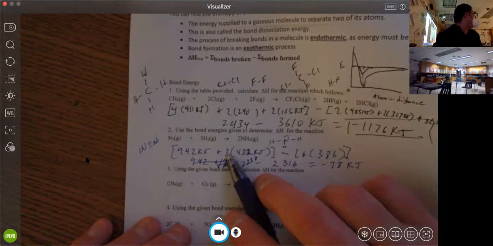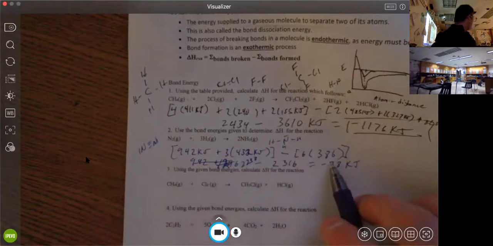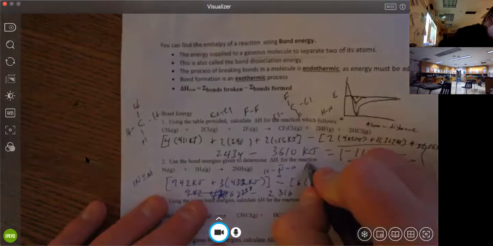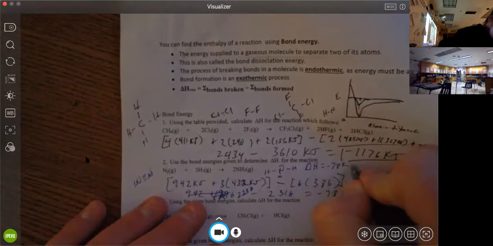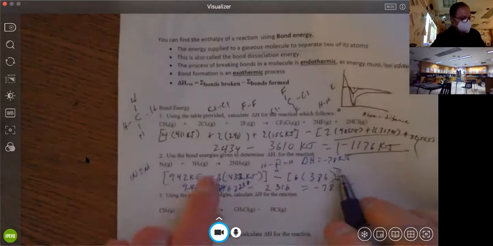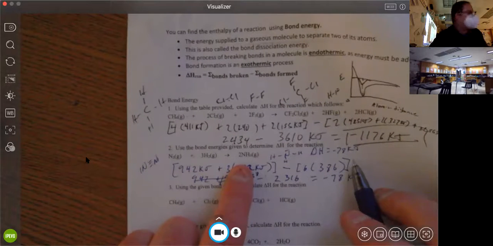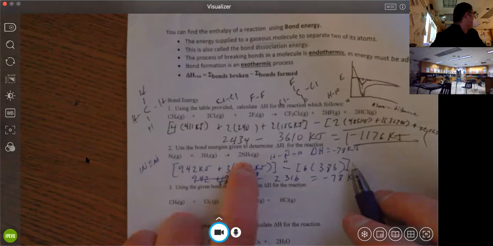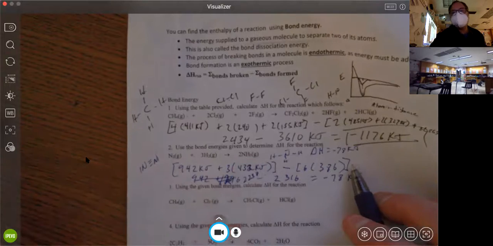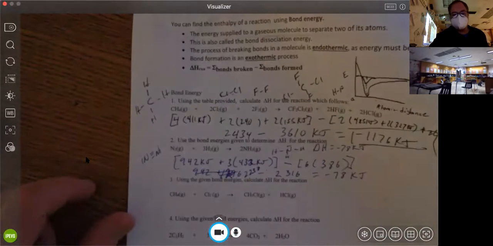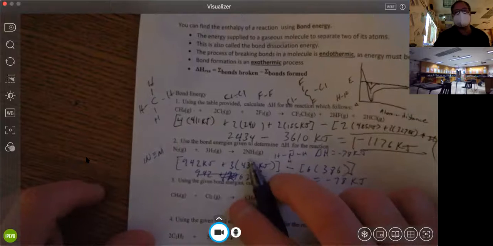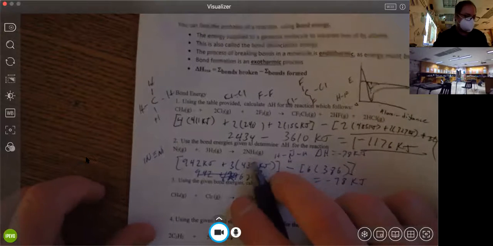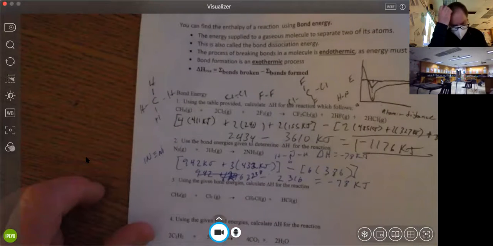All of those delta H's of those reactions, there's different ways to find them. So now we have the delta H of this reaction equals negative 78 kilojoules per mole. If they say, well, how much energy will be released if we make such and such grams of ammonia, then that's what we would do. We would use this from grams of ammonia to moles of ammonia to kilojoules.